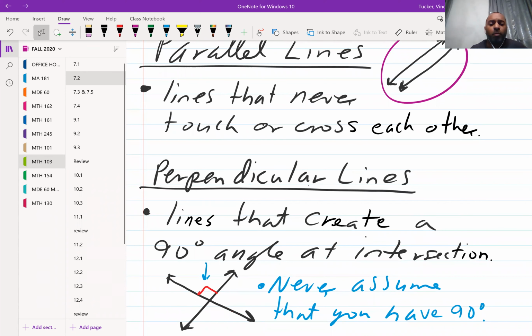You have to either see that red square or it has to be stated in the directions that this is 90 degrees. All right.